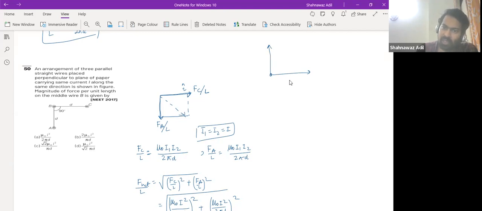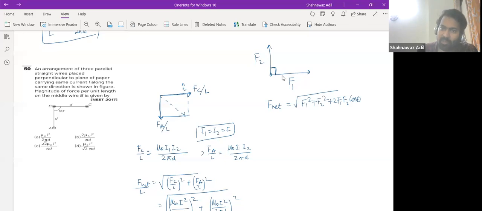So these two vectors, let's say this is F1, this is F2. These two vectors are perpendicular. So from the resolution, from the net resultant, we know that F net would be F1 square plus F2 square plus 2 F1 F2 cos of theta. So this theta is the angle between F1 and F2.